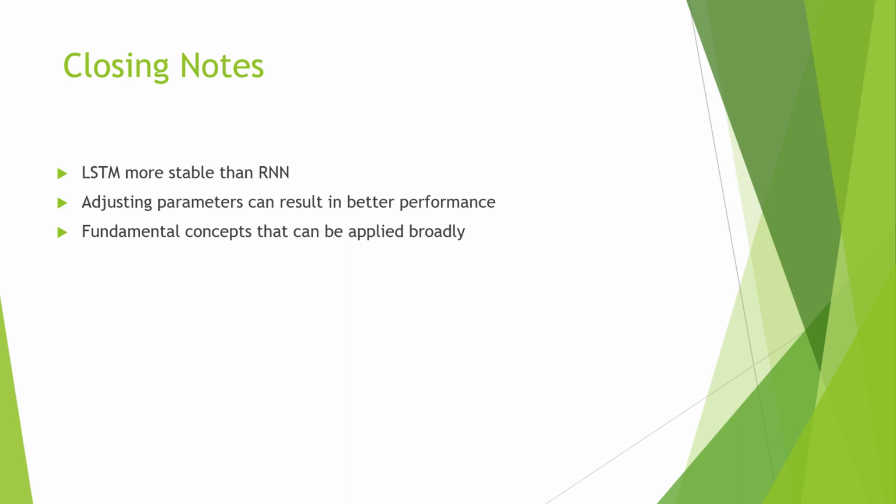Before I end the presentation, I have a couple of closing comments and reflections I'd like to walk through. The first point is one thing that I learned from this project and experienced in this class is that LSTM models are much more stable than simple RNN models. And we know why.